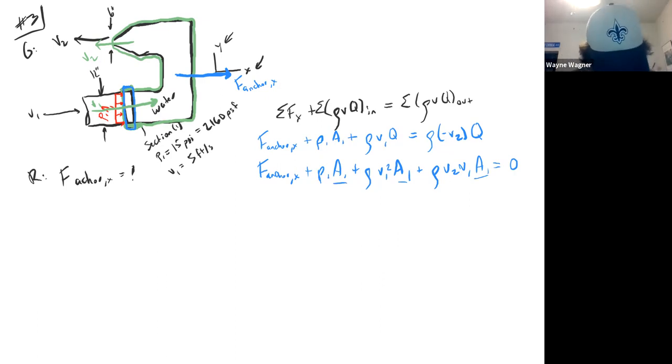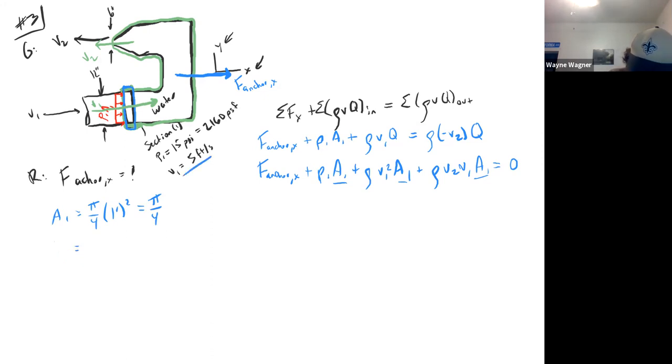So actually, we don't know V2. Well, we do know V2. V2 is fairly straightforward. Let's go ahead and do the numbers on the side here. So we need A1, which is pi over 4 times 1 foot squared. So that's pi over 4. Okay. P1 is given. V1 equals, well, actually, we don't know V1. Oh, we do. It's given. Sorry.